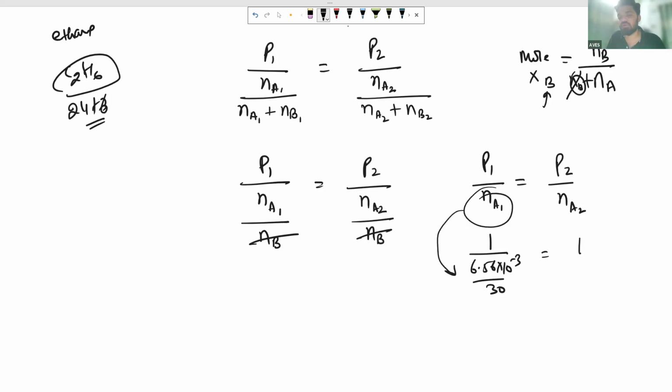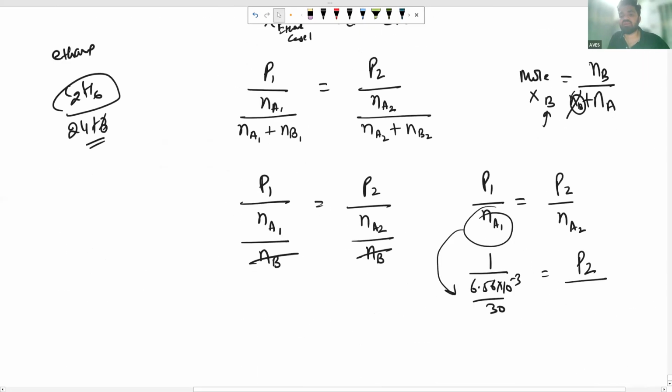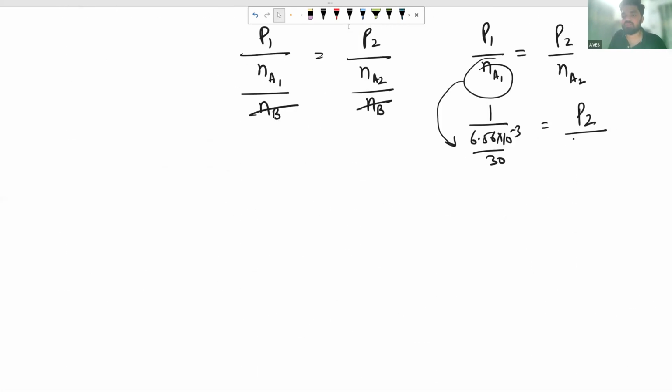Second, you need to calculate the P2, and how much amount is given in the second case? That is 5.0 into 10 to the power minus 2. So you will write here 5.0 into 10 raised to the power minus 2 upon 30 again. This 30 and this 30 will again cancel out each other because they are in the denominator.